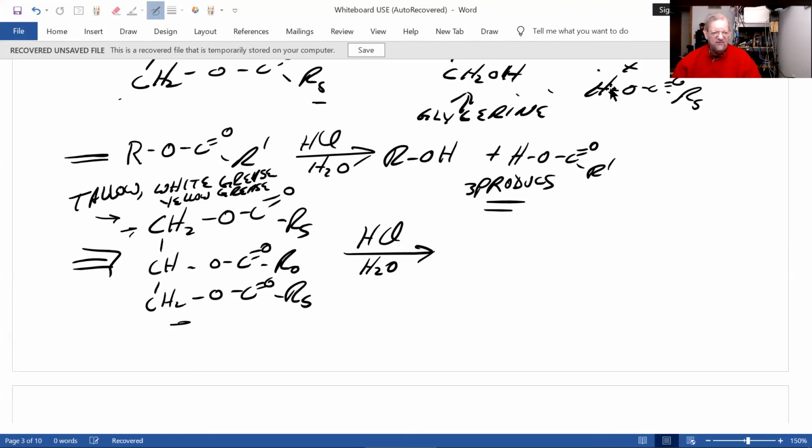Here's the general reaction. You get an alcohol plus this fatty acid, and this would be stearic acid.